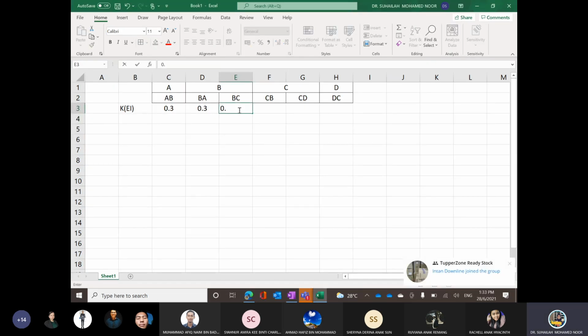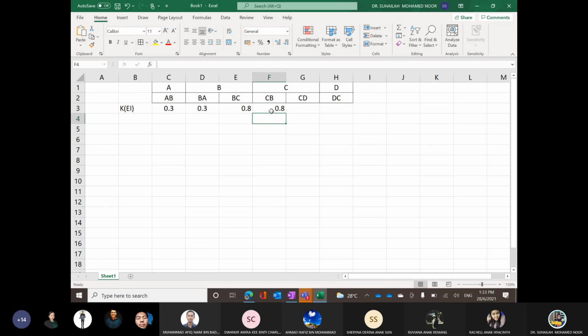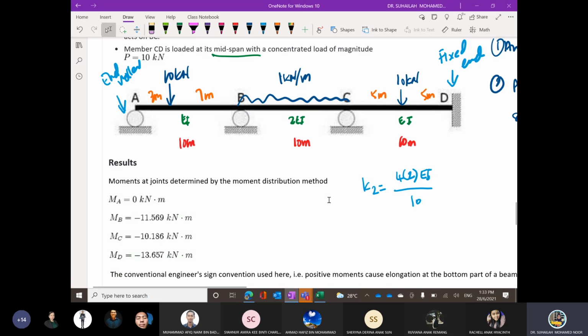So this is 0.8, same value for both directions.